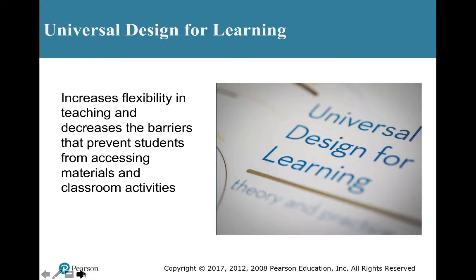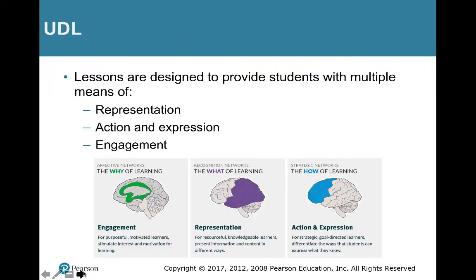Universal design for learning increases flexibility in teaching and decreases the barriers that prevent students from accessing materials in classroom activities. So we'll be coming back to that in this course.